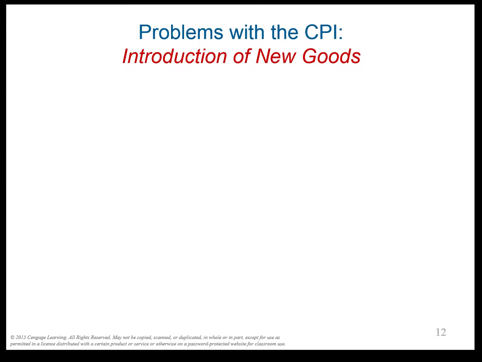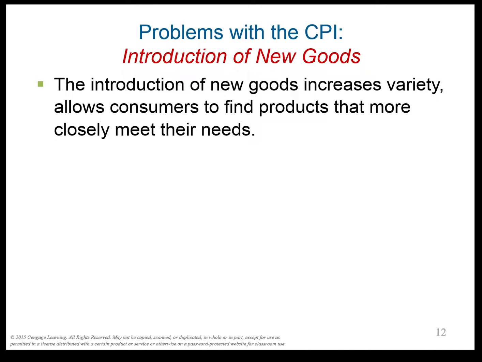Here's another problem with the CPI, which is the introduction of new goods. This is kind of an abstract hypothetical problem, but it could play a role. What we're really interested in is the well-being of our households and how much they're having to pay to sustain a certain level of well-being. Well, when there are new goods, this increases variety, right? When there's a bunch of different types of iPhones, for example, you can buy the exact one you want, and it allows consumers to find products that more closely meet their needs.